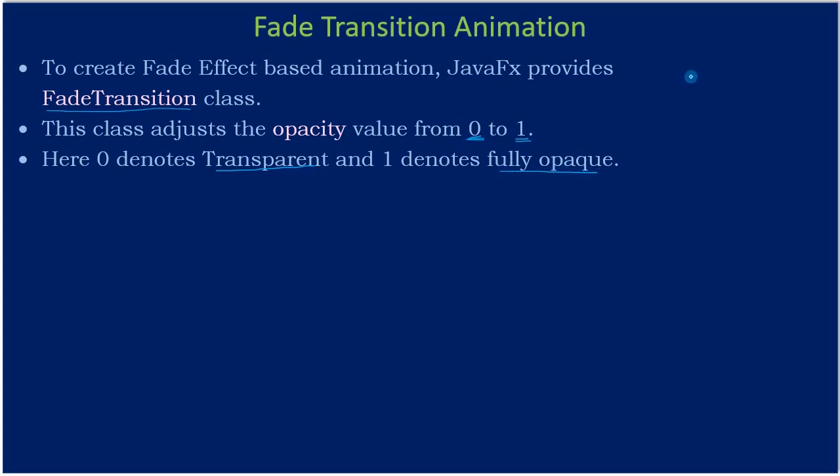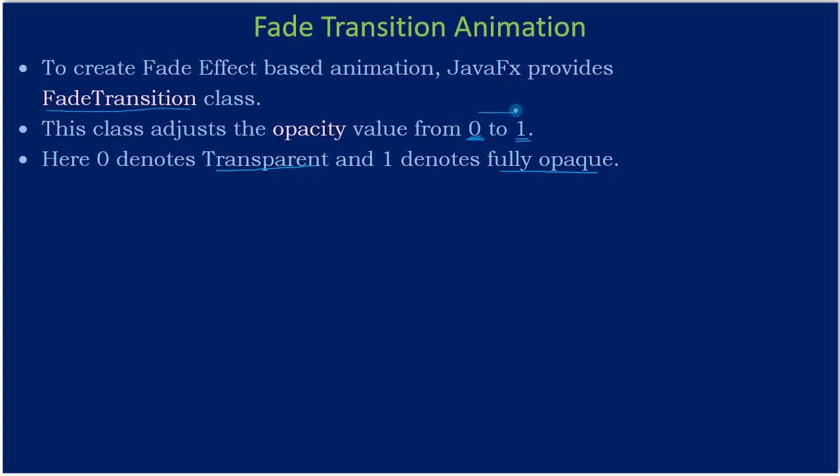So let's state that when an object goes through transformation from 0 to 1, it looks like the object is slowly appearing. So here this is transparent, right?